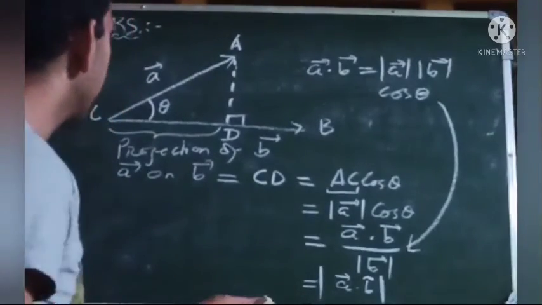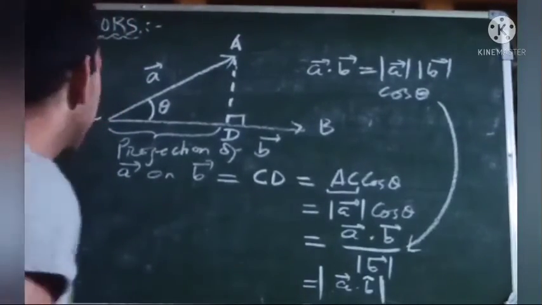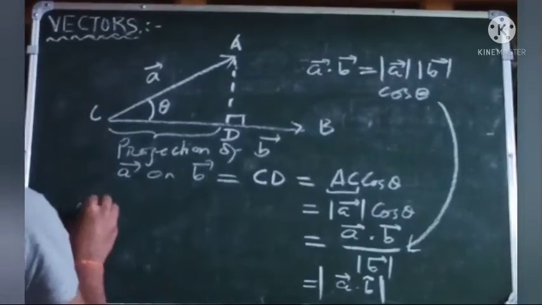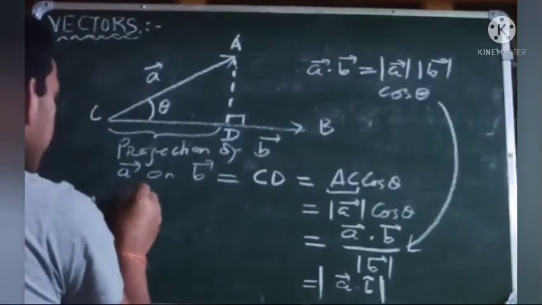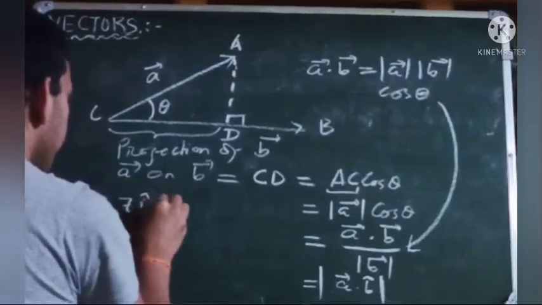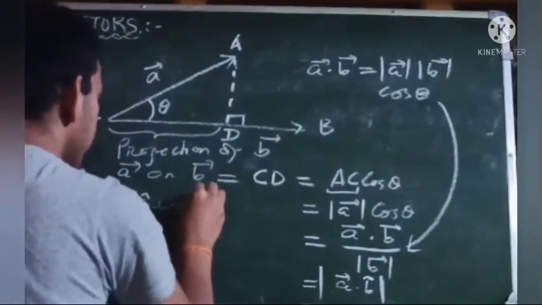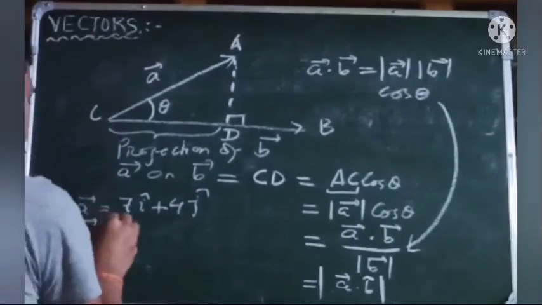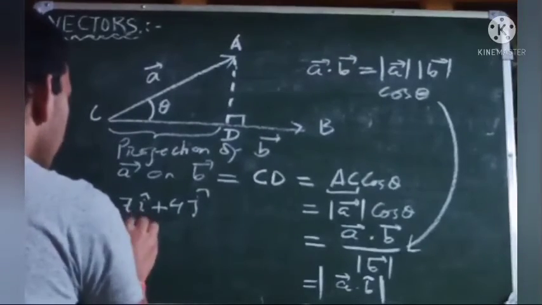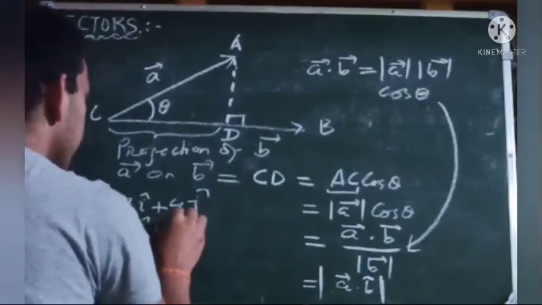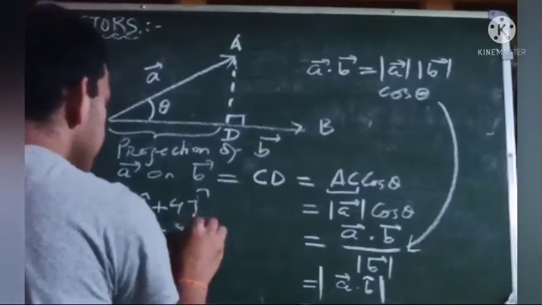We should remember this direct formula. Suppose we know A vector as 7 I cap plus 4 j cap, and we are given B vector as 2 I cap plus 8 j cap.